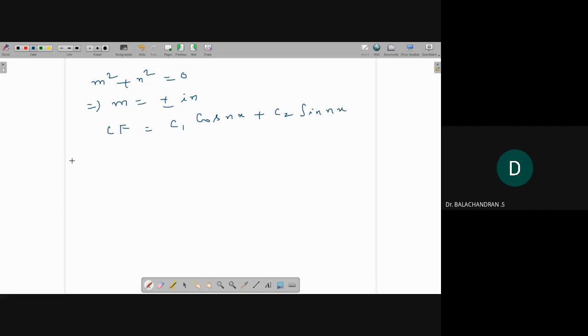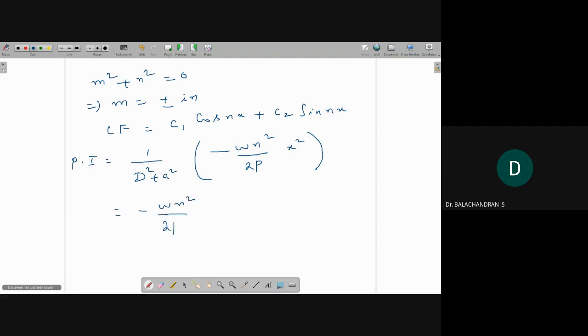Now particular integral. So 1 by d square plus n square into right hand side, minus omega n square by 2P into x square. So x square is algebraic, so type 3. Minus omega n square by 2P is a constant.